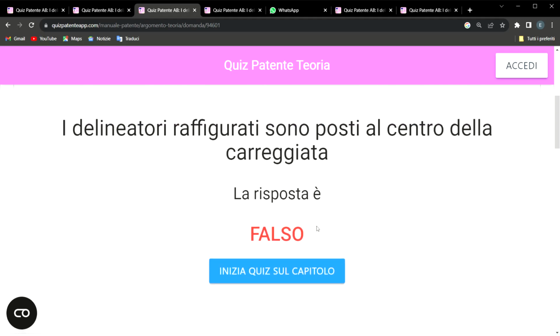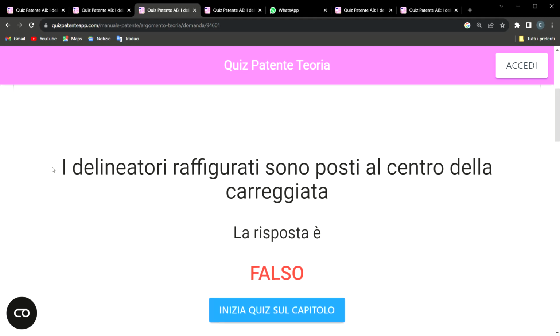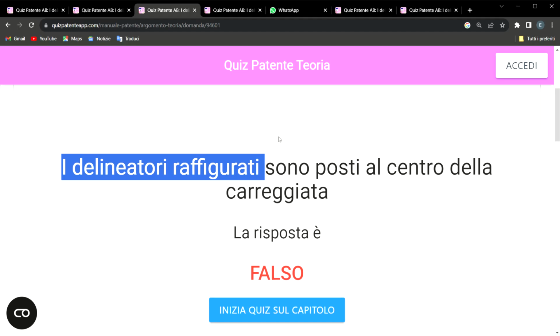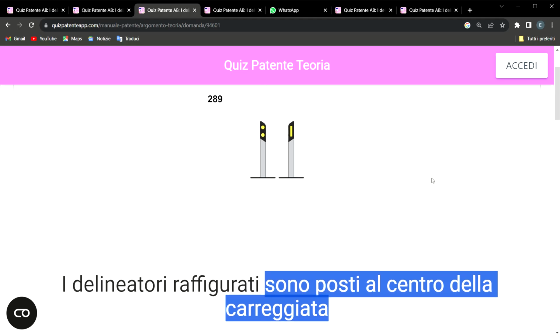It says this reflexive equipment referred to there is talking about this. Sono posti al centro della carreggiata, so it's always found in the middle of the road. Centro simply means middle of the road, and it's falso.